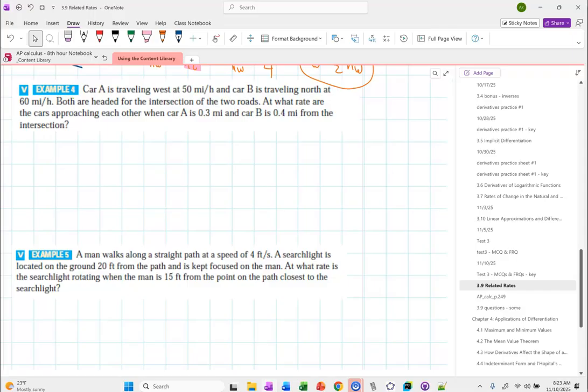Does everybody get what's going on in the picture? We have two cars that are coming together like this at an intersection. So let's draw ourselves a picture.